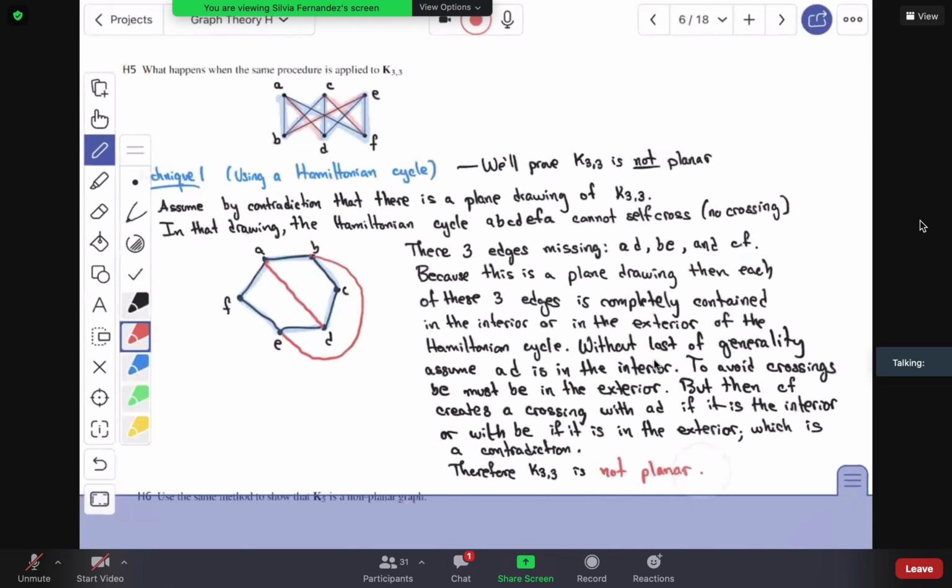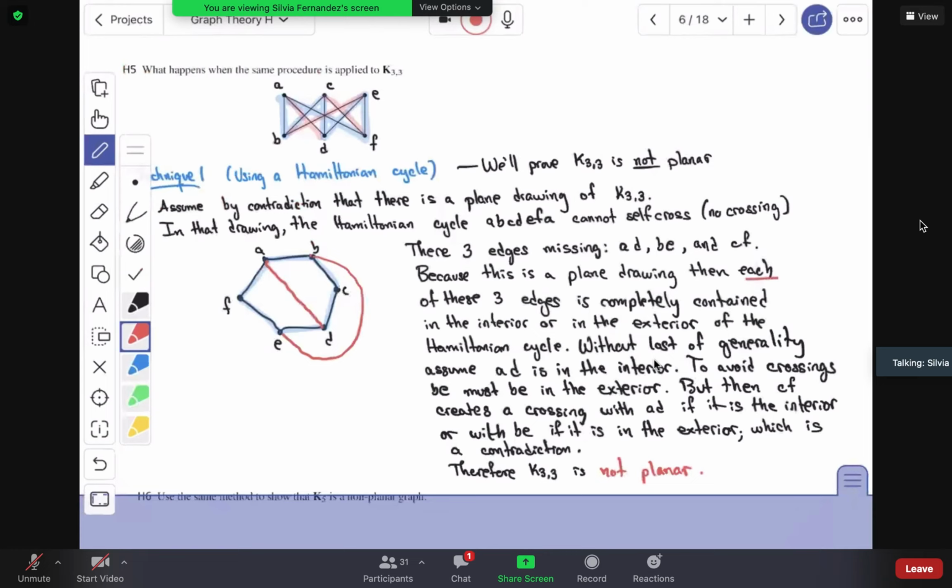I was just wondering, you say each of the 3 edges is contained in the interior or the exterior. What I interpreted that as is that all 3 have to be on the outside or all 3 on the inside. But I see, so you mean like it alternates?